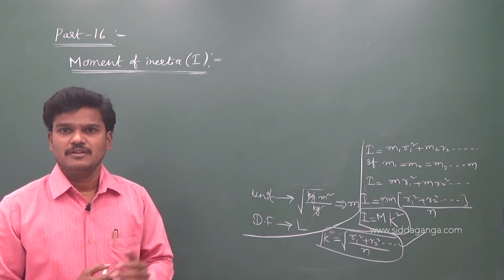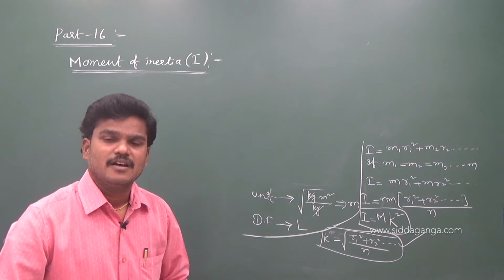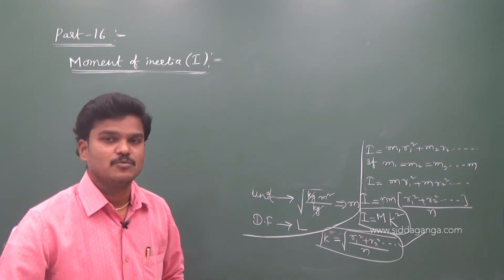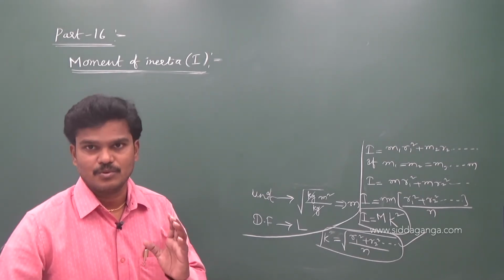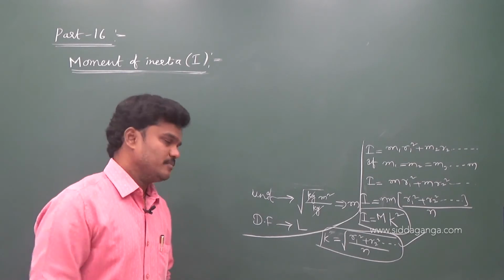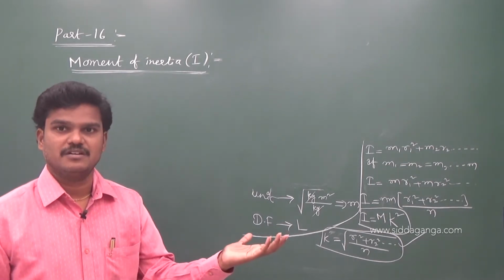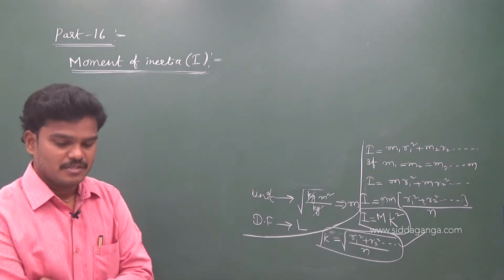So radius of gyration also depends on mass distribution and on the axis of rotation, meaning at what distance the body is from the axis of rotation. Otherwise that may come in some other chapters.